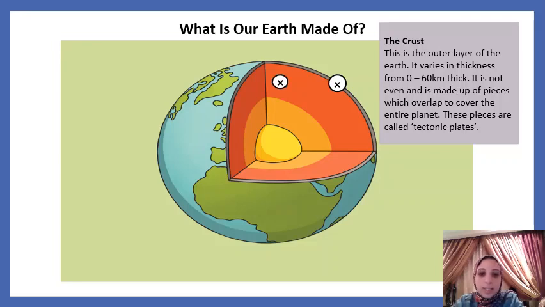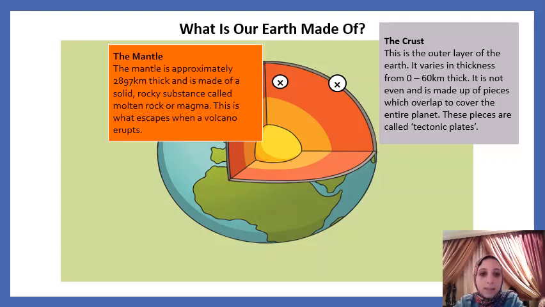Okay, let's see the second layer in the orange part. It is called the mantle. The mantle is approximately 2,897 kilometers in thickness, and this is where all the action takes place that causes the Earth crust to move. It contains what is called the molten rock or magma.